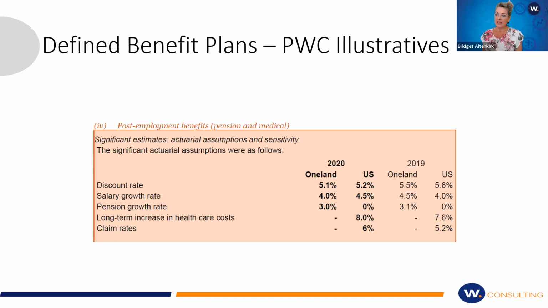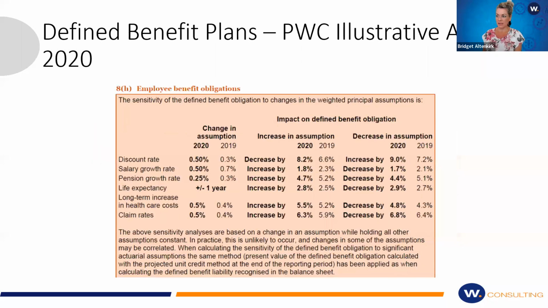The next few slides just illustrate some examples of disclosures which we have seen in financial statements. These were extracted from PricewaterhouseCoopers' illustrative disclosures, which are readily available online. You can see how, as I've said again, significant inputs and assumptions are required to be disclosed, and how the discount rate is required to be disclosed.